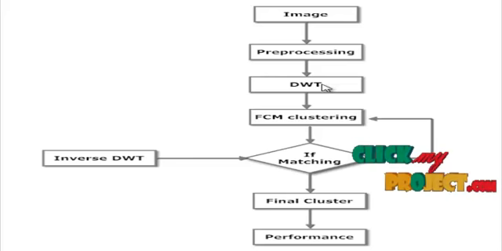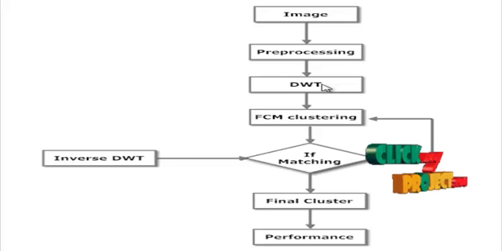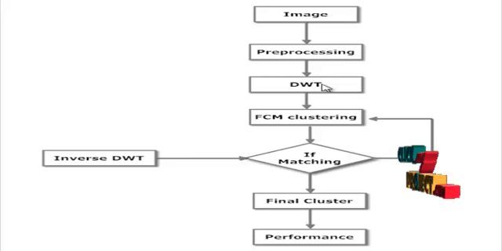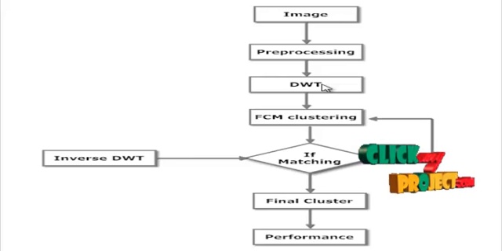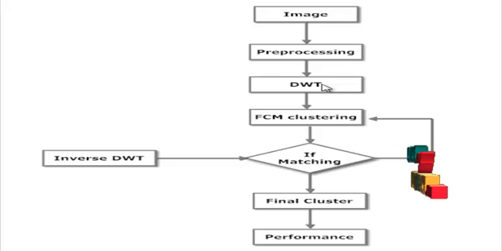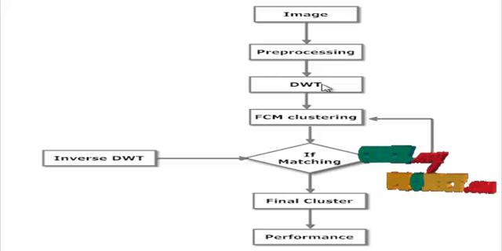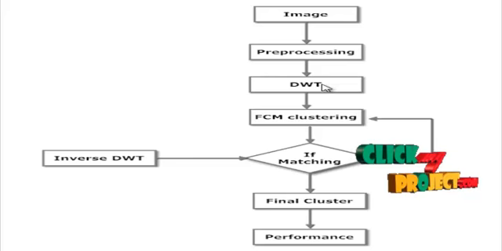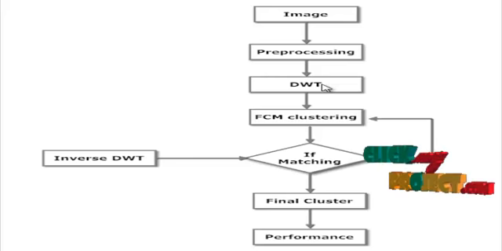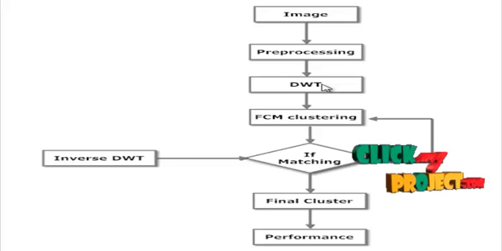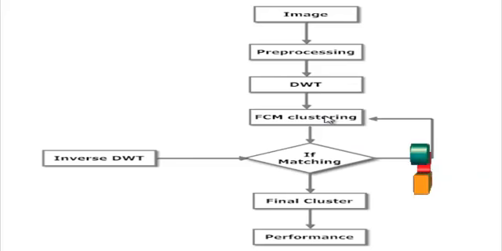While applying discrete wavelet transformations, the coefficients are divided into 4 regions based on the different types of filters available for the specified wavelet. After that, fuzzy C-means clustering is applied to the low coefficient of the discrete wavelet transformation.